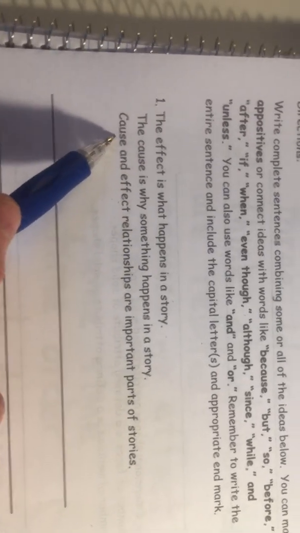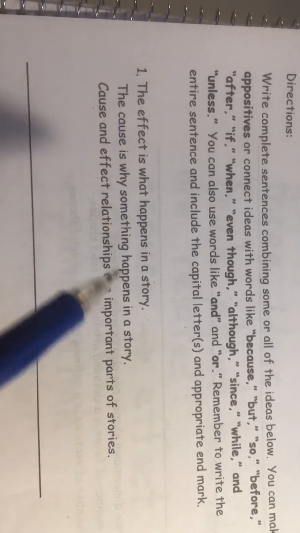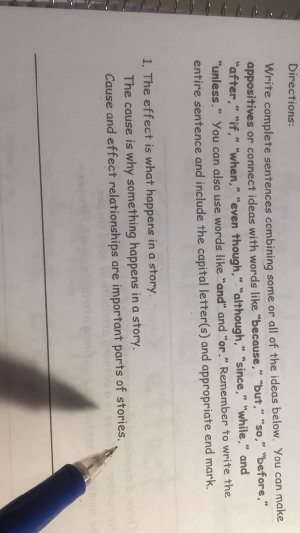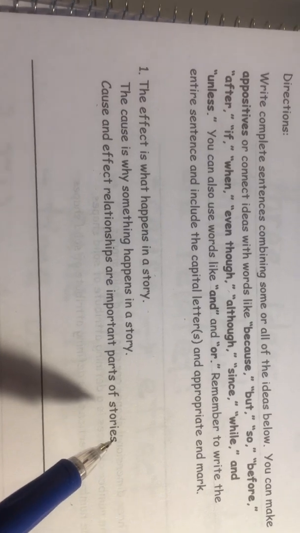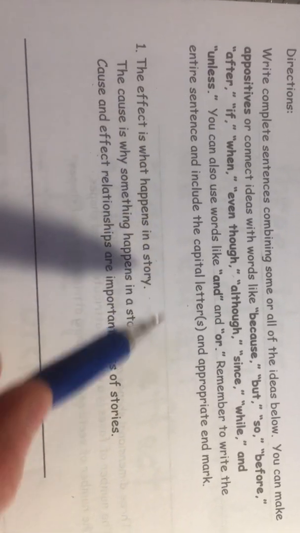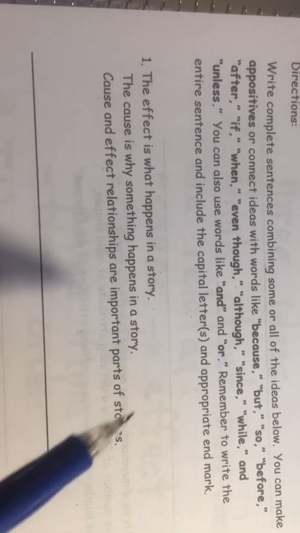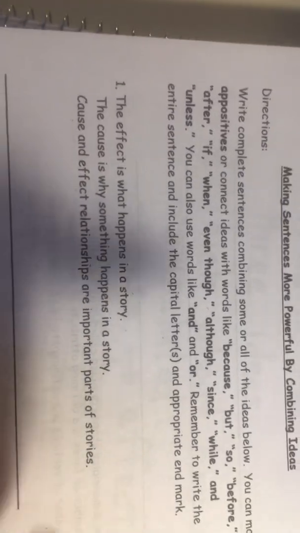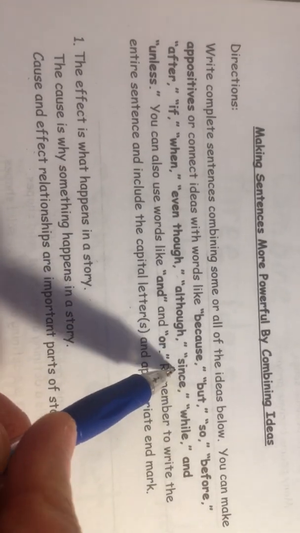Or you could say, cause and effect relationships are important parts of stories since the effect is what happens in a story and the cause is why something happens in a story. You could use the word since.